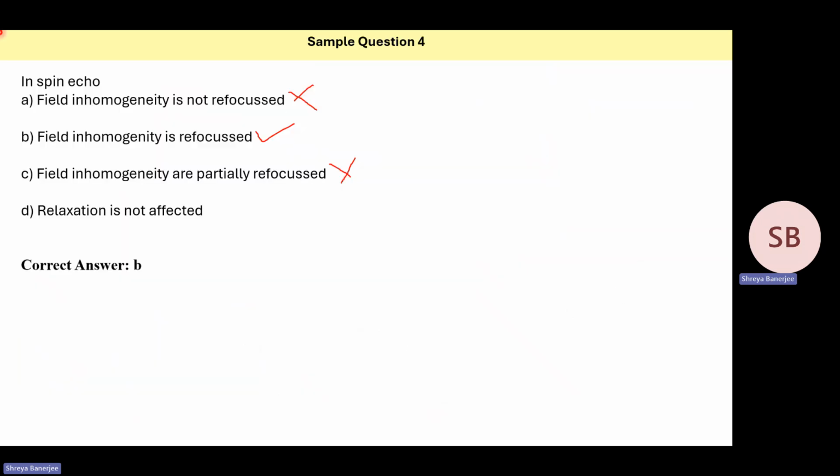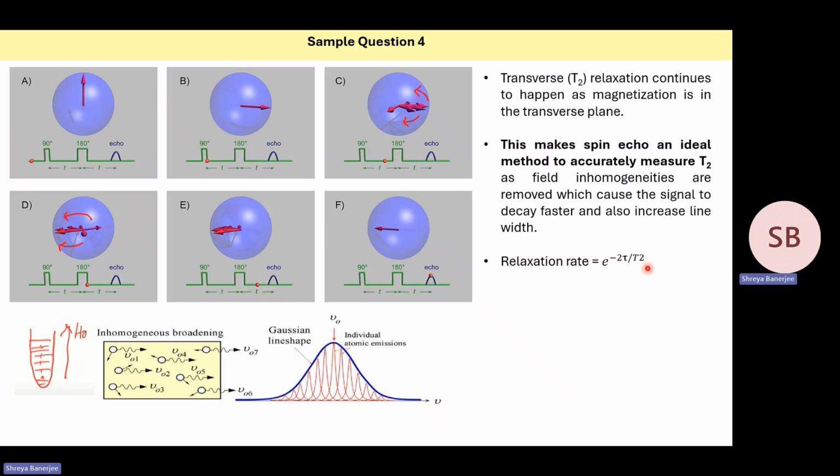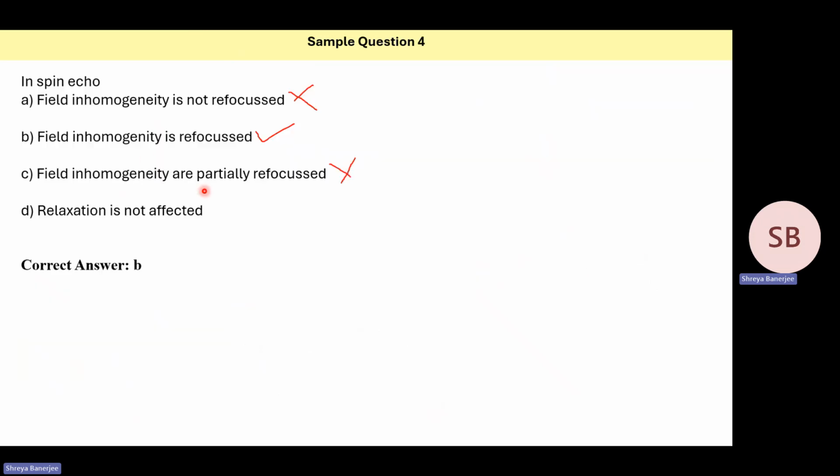So spin echo does affect the relaxation, because normally your relaxation is just T2. Normally the magnetization comes to the Y and immediately goes back to the Z. But because of the spin echo process, the relaxation is also getting slowed down by the factor shown here. So spin echo does affect the relaxation rate, and so option D is also wrong. So your correct answer is option B, which is shown here.